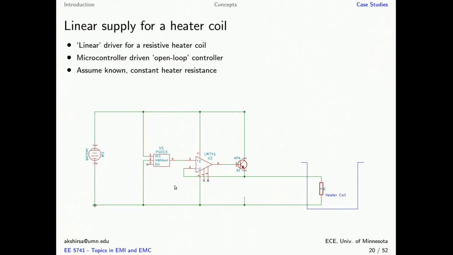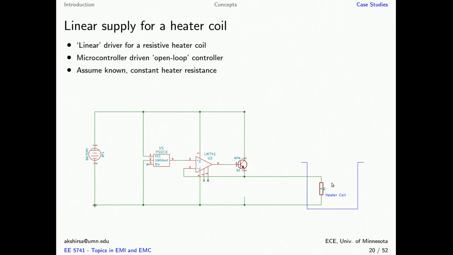We've simplified this a little bit. This is like a microcontroller or a controller which outputs some analog value, and that analog value is converted to the current by this op amp and this power transistor here. So now let's see what's going to happen.